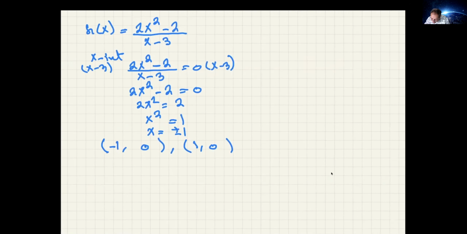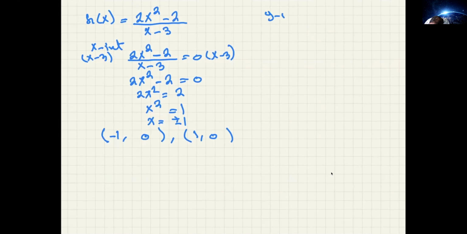For y-intercept, I set h of 0, which is going to be 2 times 0 squared minus 2 divided by 0 minus 3. So I have -2 over -3.